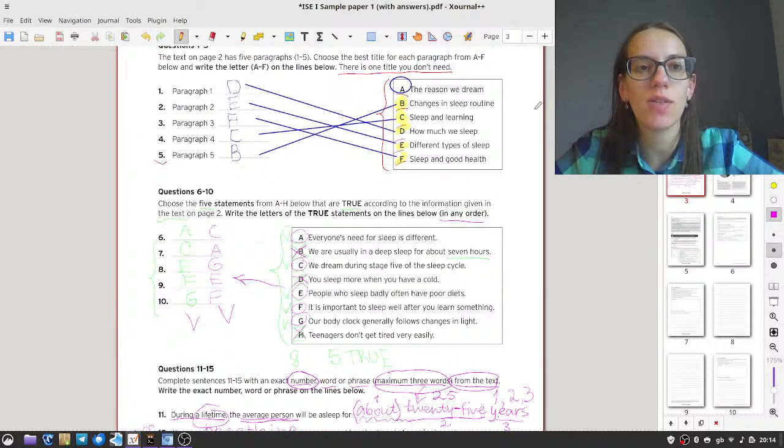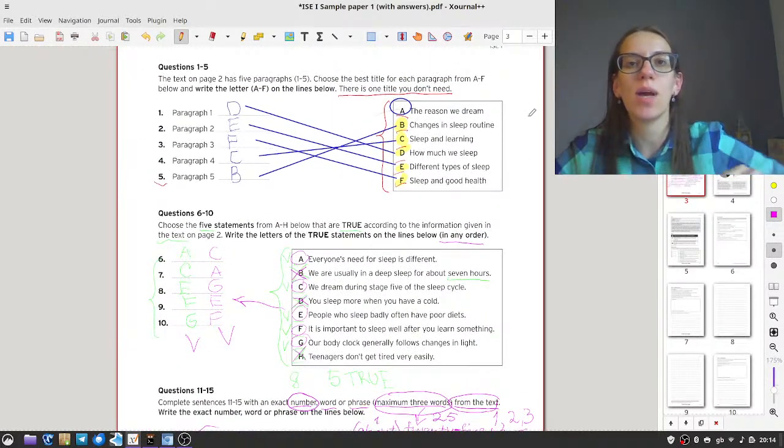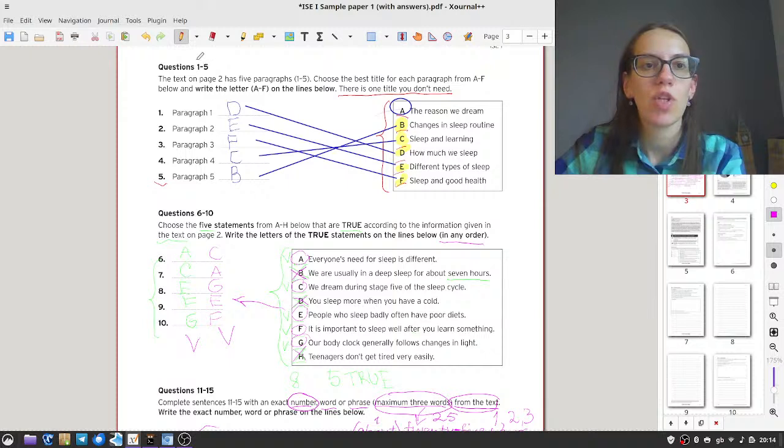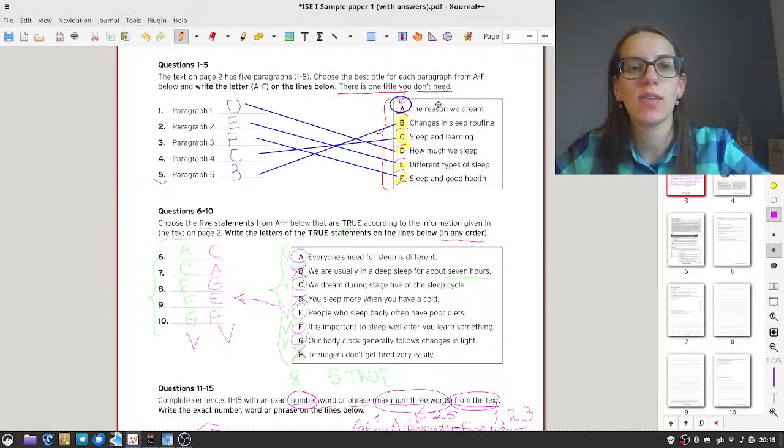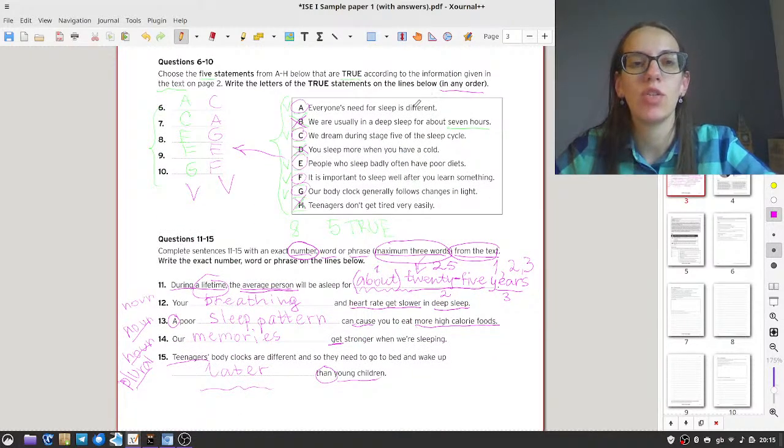15 questions. It's always the same types of tasks. Questions 1 through 5, that's when you need to match the paragraphs with their titles, and you always have one you don't need. Questions 6 through 10, you need to choose 5 true statements.